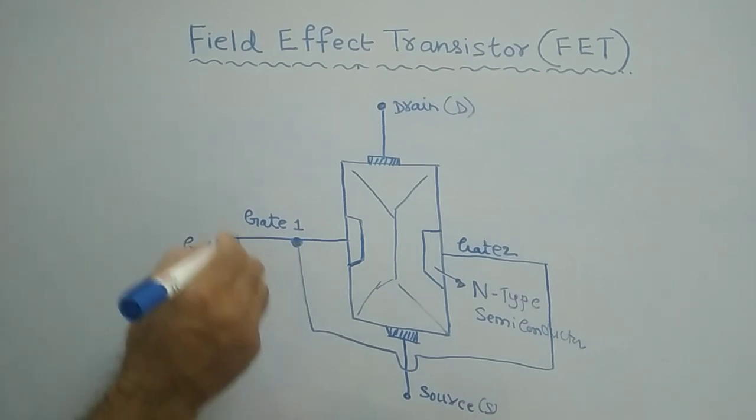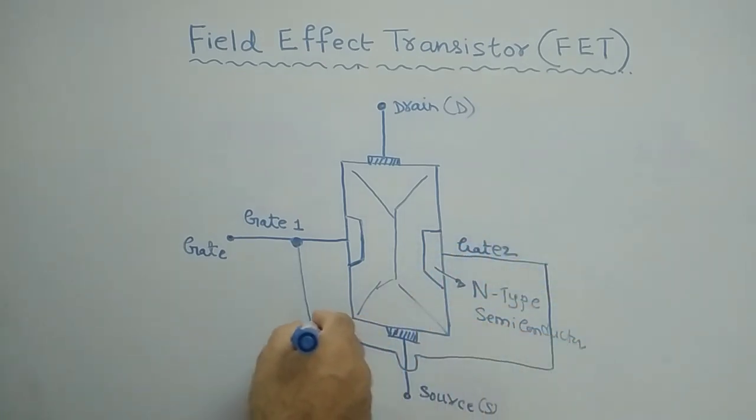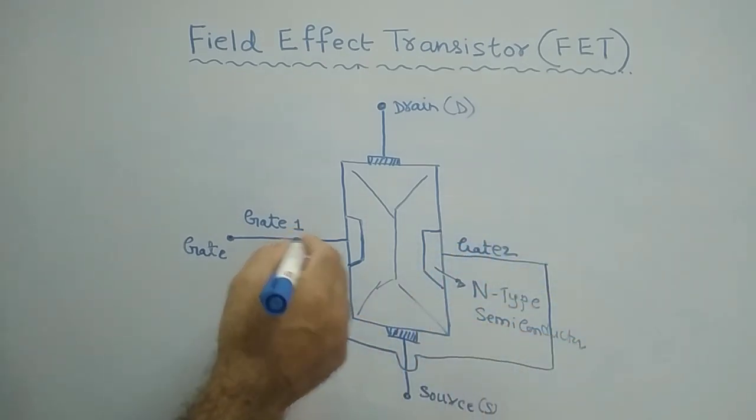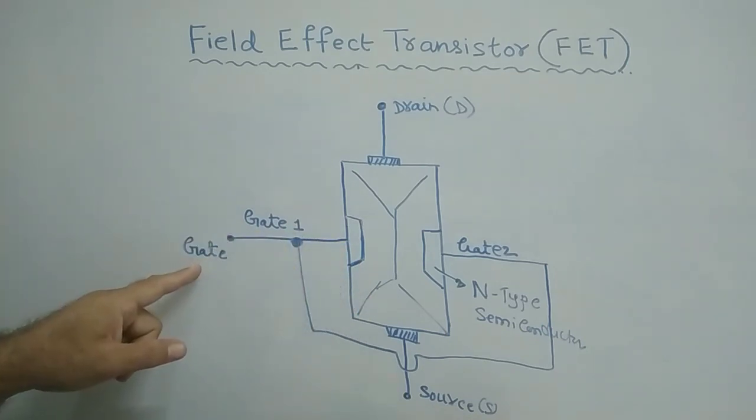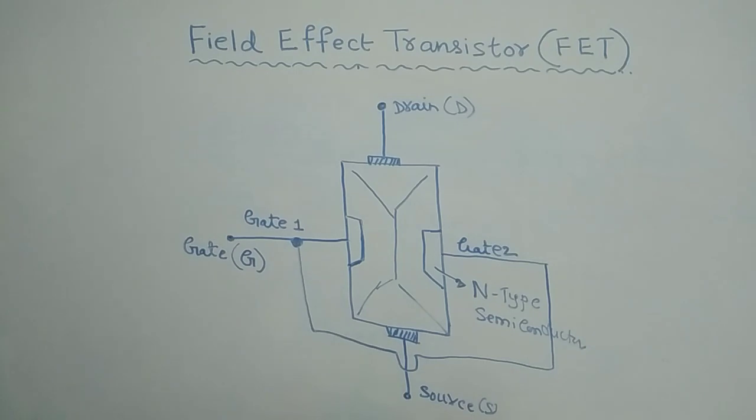Now there is no gate 1 or gate 2. The second gate terminal is tied with gate 1, and you consider it a single gate terminal. That is the physical construction.